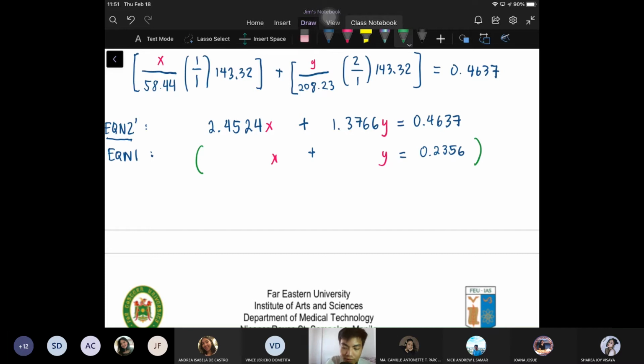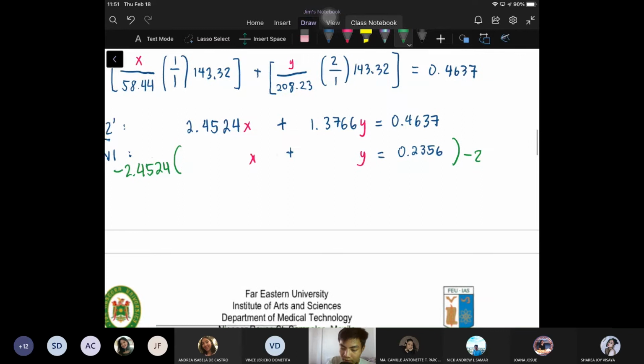So, ibig sabihin ko doon is that i-multiply ko yung bottom equation by negative 2.4524 on both sides. Okay. So, multiply ko sila by negative 2.4524. No? Ano yung purpose? Para ma-eliminate yung x. No?